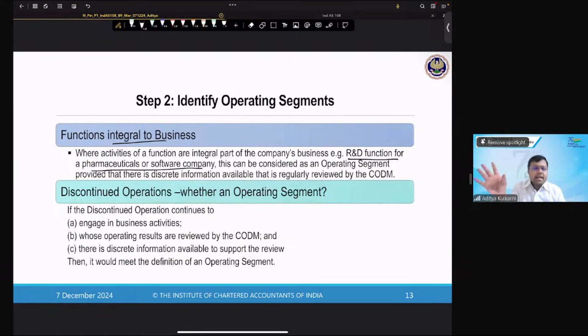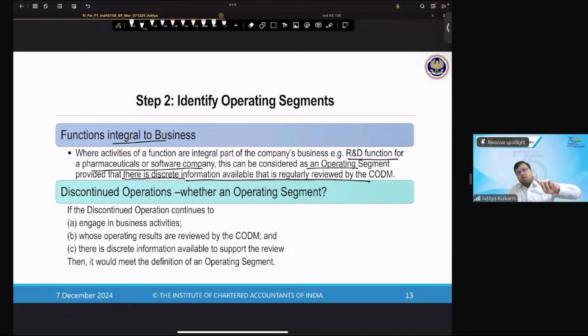By the end of the year I will have a 2.5 crore expense sitting in my P&L for which I have no income. This is a burden on the company. But is this function integral to the business? Answer is yes. Because it is integral to the business, even though it does not generate revenue, it can still be considered an operating segment because there is discrete information available which is reviewed regularly by the CODM.